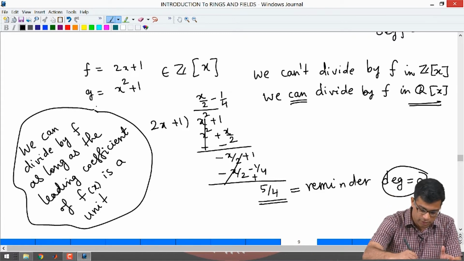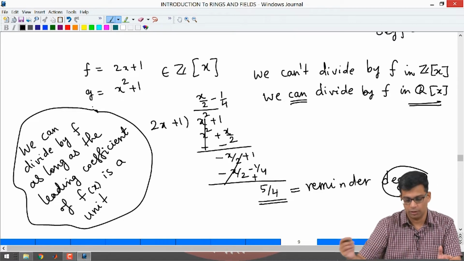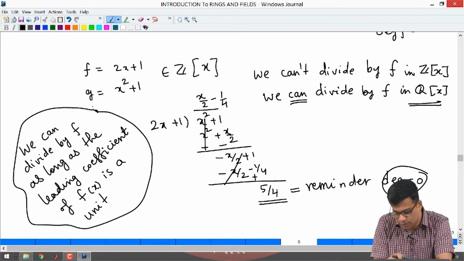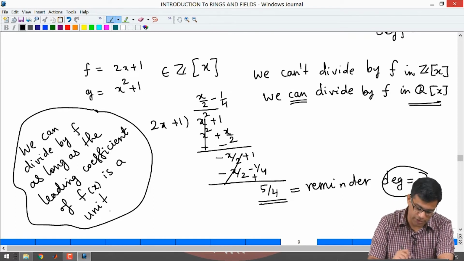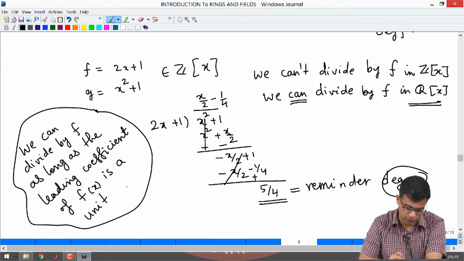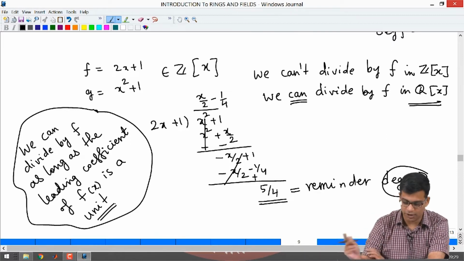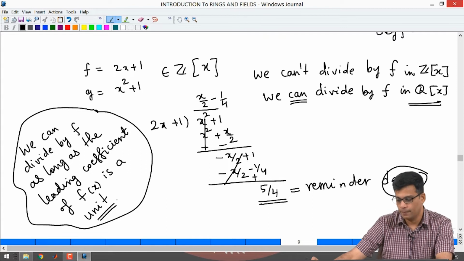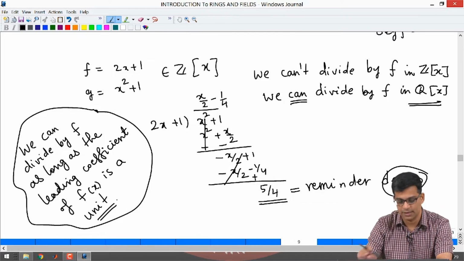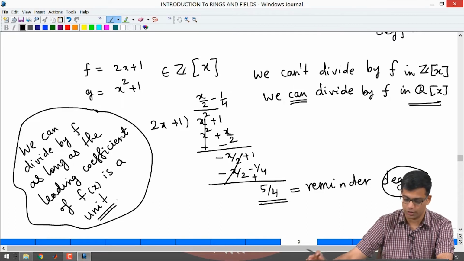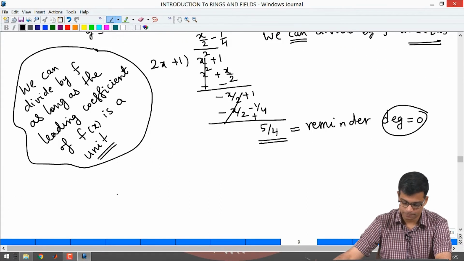The reason that 1 works is because 1 is a unit, so that you can first get rid of these terms here. So, it is not just when the leading coefficient is 1 that you can divide, but as soon as the leading coefficient is a unit. In the polynomial ring Q[x], the leading coefficient of 2x plus 1, which is 2, is a unit. In the polynomial ring Z[x], the leading coefficient of 2x plus 1, which is 2, is not a unit. So, you can't divide in Z[x].